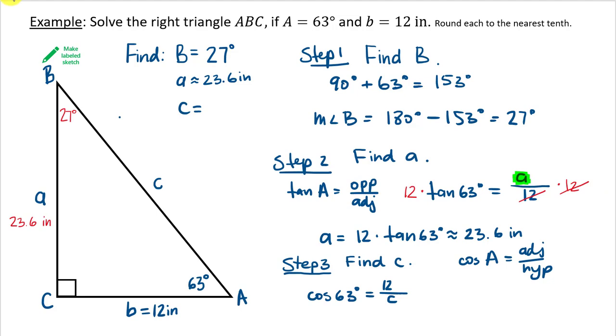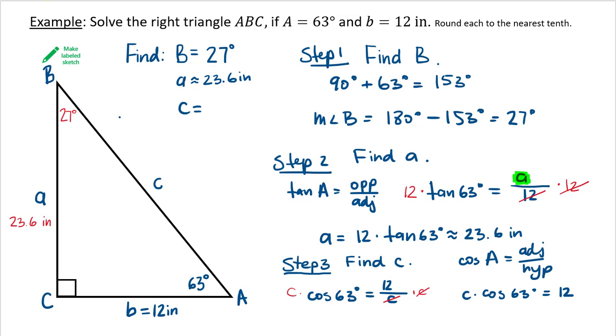This way I'll have an expression ready to be entered in the calculator. First, to clear that fraction on the right hand side, I'm going to multiply by C on the right and on the left. That cancels C in the denominator. So far I have C times cosine of 63 degree angle equals 12.